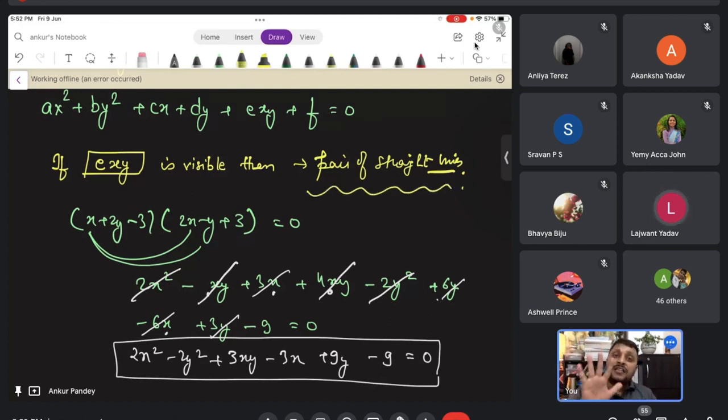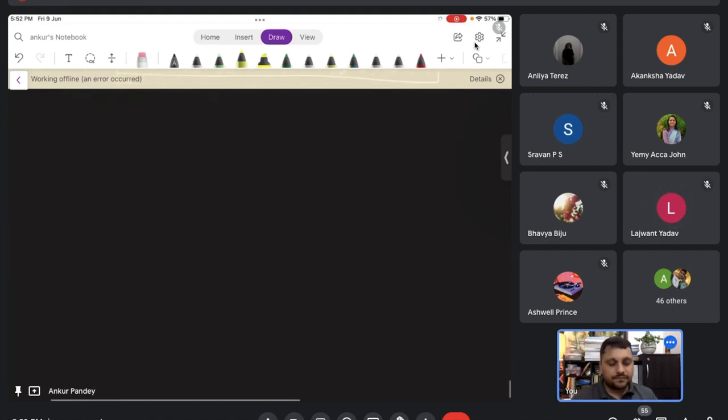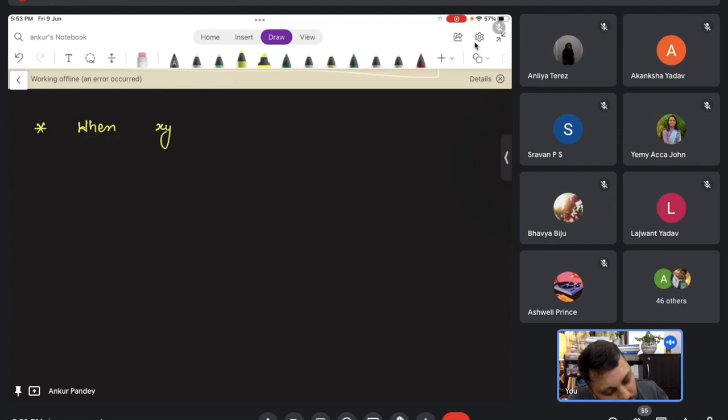The second case starts when x into y is not visible. Okay? Sure. The second case starts when x into y is not there. So when x into y is not there, our first equation, the big equation, gets converted to ax square plus by square plus cx plus dy plus f equal to 0.